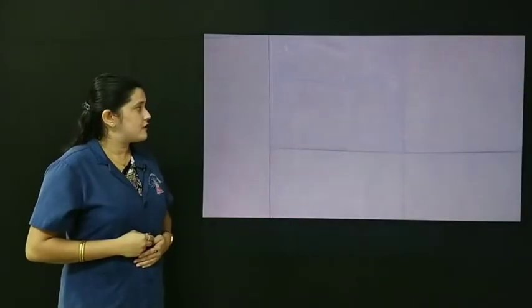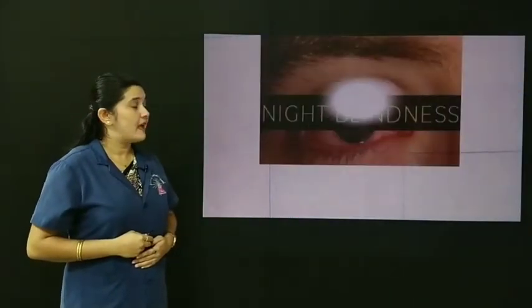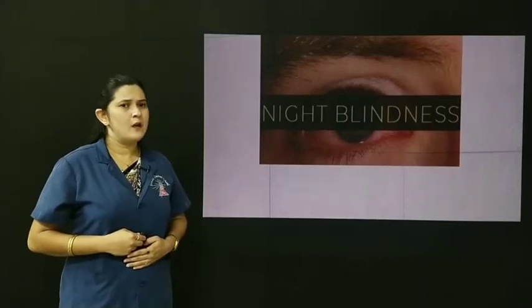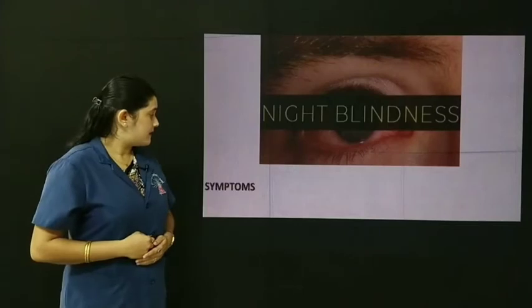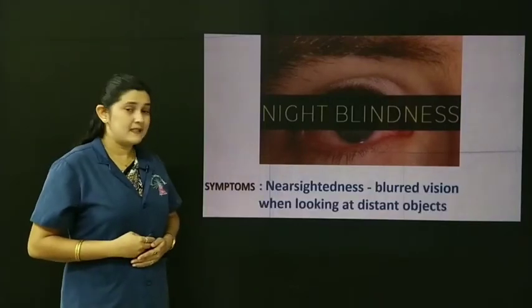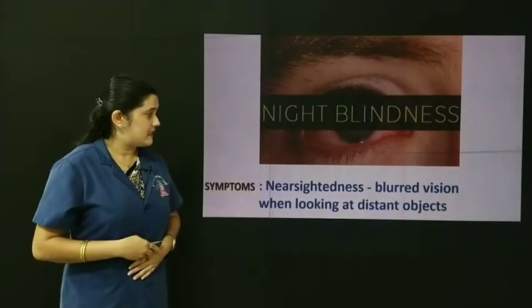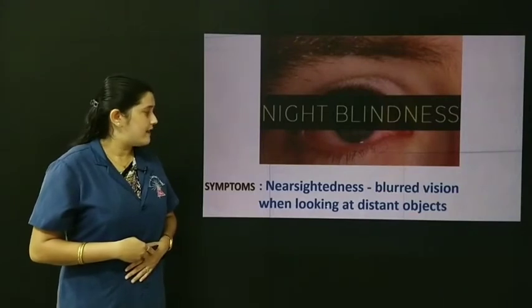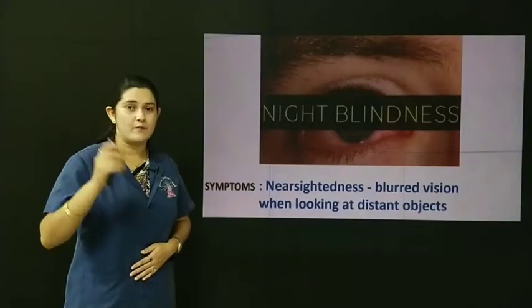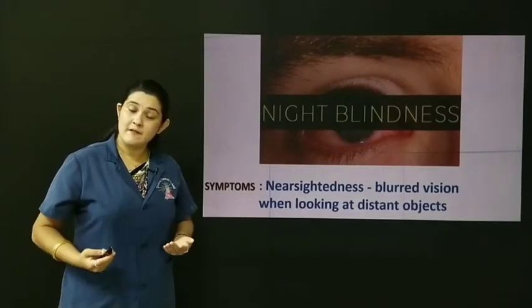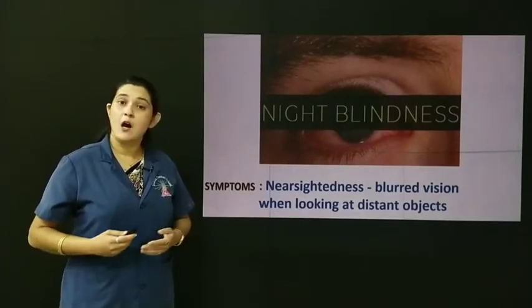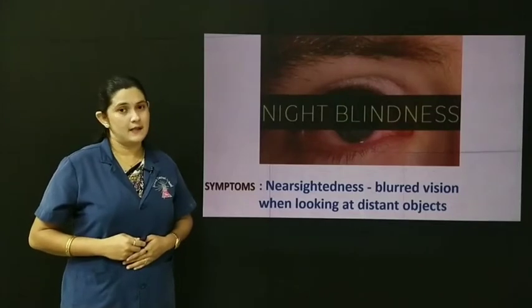The next deficiency disease is night blindness. What do you mean by night blindness, children? The symptoms seen in night blindness are nearsightedness and blurred vision when looking at distant objects. So, it is blurred vision in dim light or during night time.